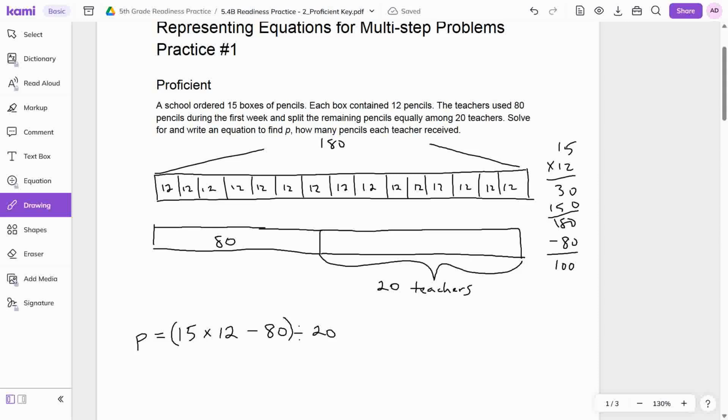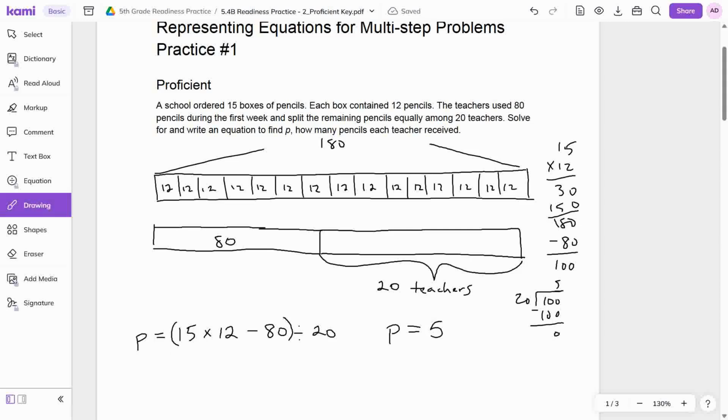Some of you might know this; if not, we can use long division, but it really ends up not being much help. It's going to end up being 5. So P equals 5. So each teacher got 5 pencils.